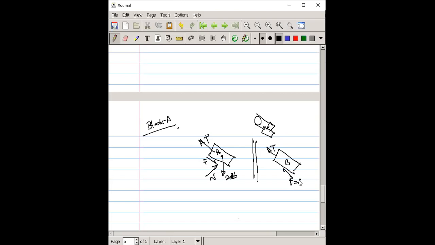But here, as per the question, there is no friction force at the surface. So this is the f of AB, and another one is its own weight, that is 30 pound, and this is the normal force of that frictional force AB.